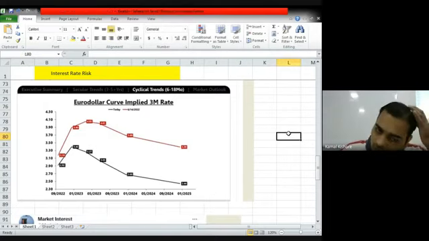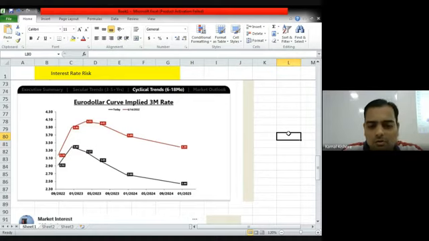So now look at this. This is one of the yield curves, and one of the types of bond. Eurodollar bond. Look at how the interest rates are behaving. I think this tweet was 1 week back or so.